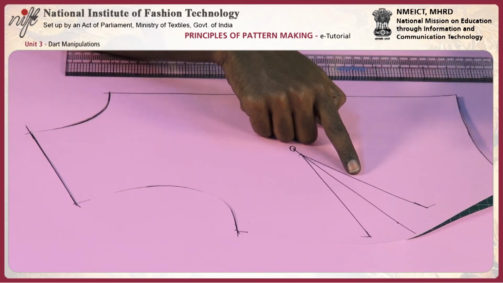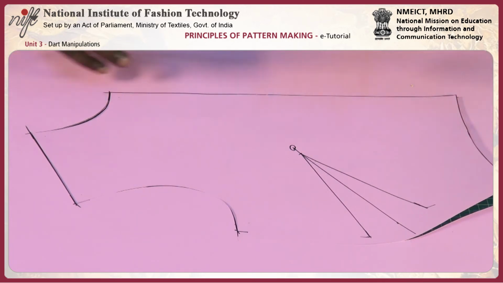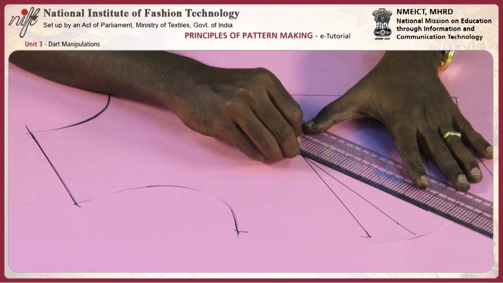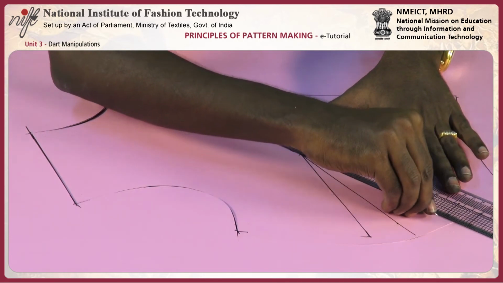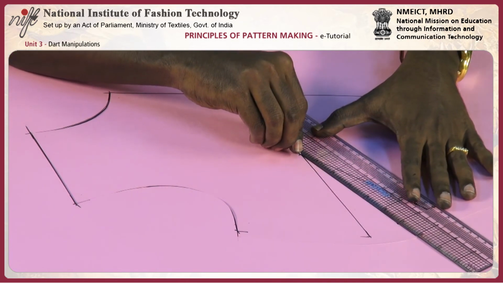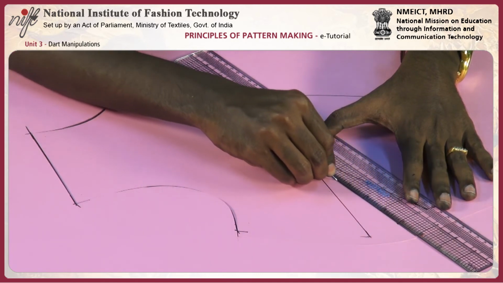Since it's a horizontal dot, crease the bottom of dot leg. Crease the center of the dot line.